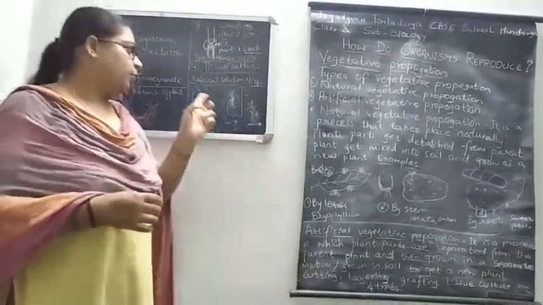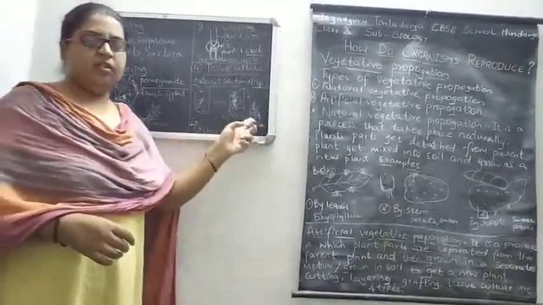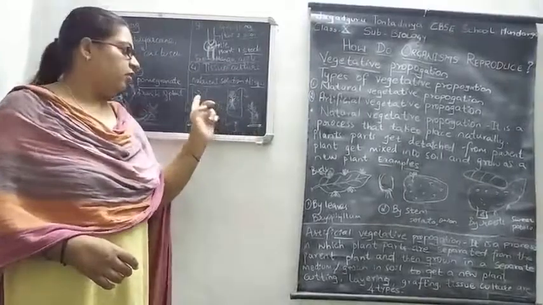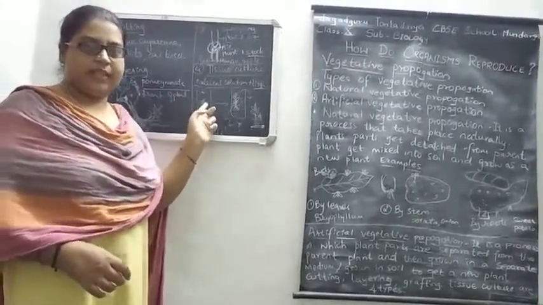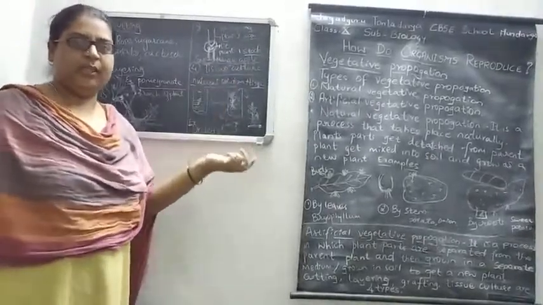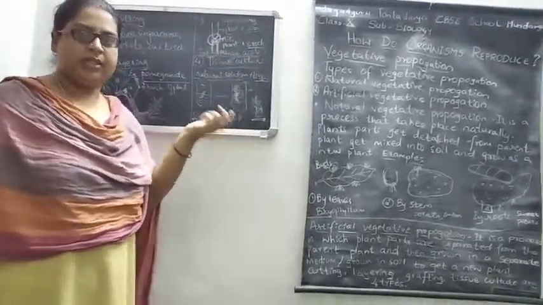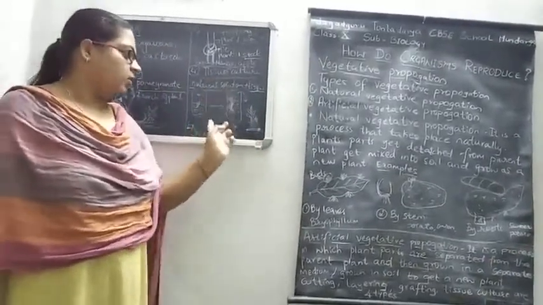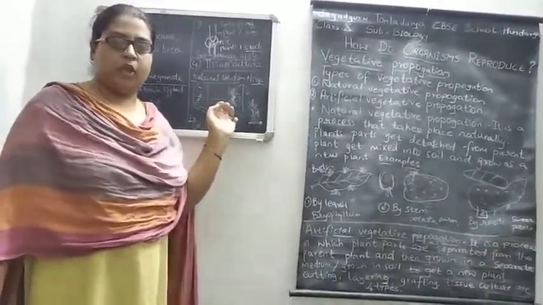Like this, from the tissues we obtain a new plant which is similar to the plant from which we selected the tissues. So tissue culture means growing the tissues in a nutrient solution medium, which will produce a new plant. This technique is also called micro propagation.